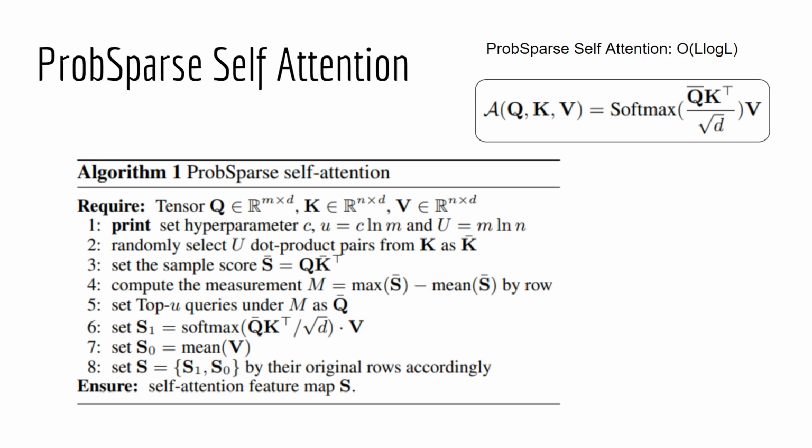The random amount is the value calculated for big U. This gives a smaller random sample of k to use for calculating the next part. But because it was random, it is considered a relatively accurate estimation of what k looks like. Then, we can multiply q by the new k transpose.